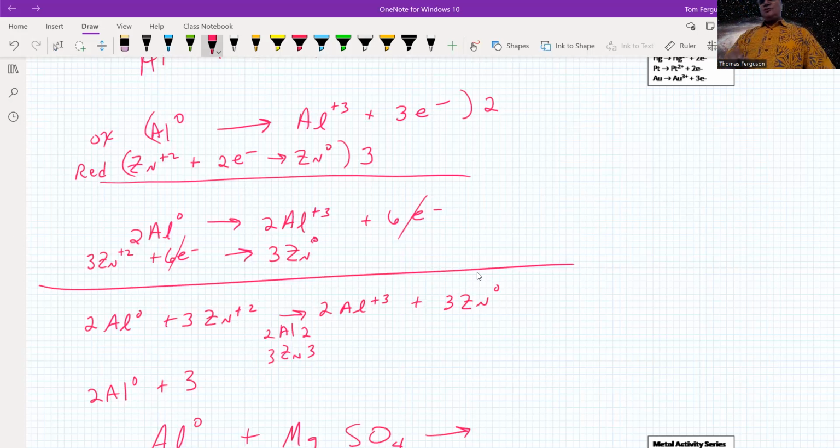Now, how many NO3s go with each zinc? Look at charge. What's the charge on the zinc? Plus 2. What's the charge on the nitrate? -1. So how many NO3s do we need to balance with each zinc? 2. Okay, because that's plus 2, and that's a -1.